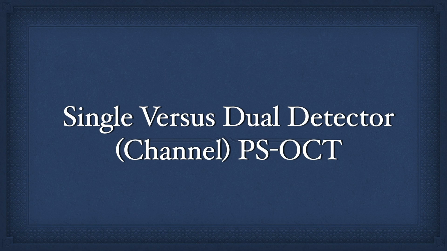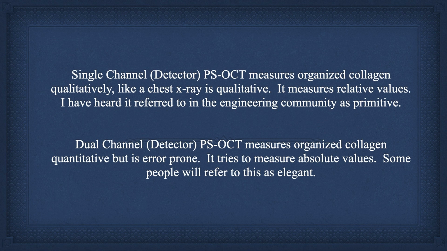The channel part just has to do with an engineering term, and we're just going to use one detector versus two detectors for the sake of this talk. So with single detector PS-OCT, it's a qualitative measurement. We're looking at banding, like we saw in that first image, and it's qualitative just like a chest x-ray is.